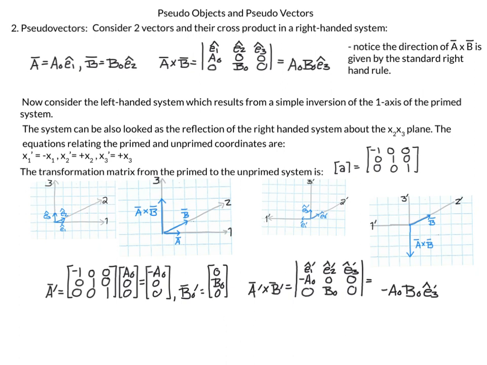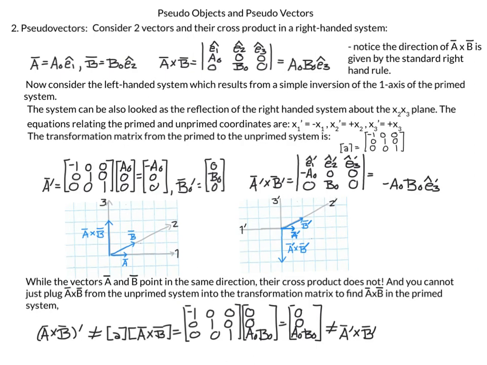Actually, I drew my A wrong. My A stays the same, but its coordinates are now in the negative direction. So here's my A prime, my B prime, and my A prime cross B prime.